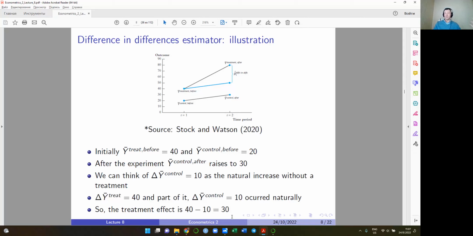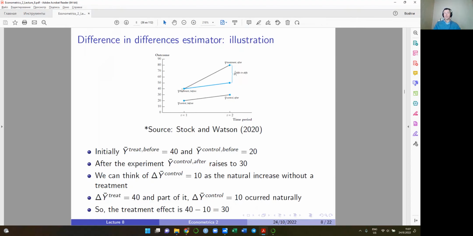The only important thing that, as I said, for both control and treatment group, the treatment must be introduced unexpectedly. So the treatment must be truly random for them.